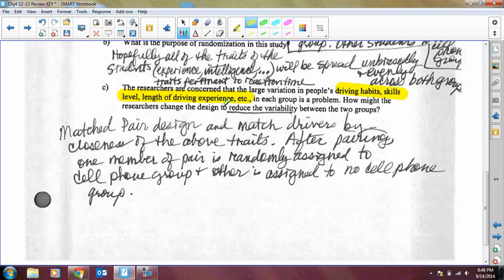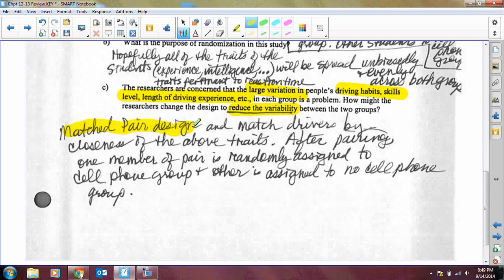So with multiple qualities that need to be controlled, one single blocking does not seem ideal. Just doing men and women, or just doing experience time, or just doing driving habits, one single block is not enough to control. Therefore, I made the decision to do a matched pair design and match the drivers by closeness of the above traits: driving habits, skill level, length of driving experience.